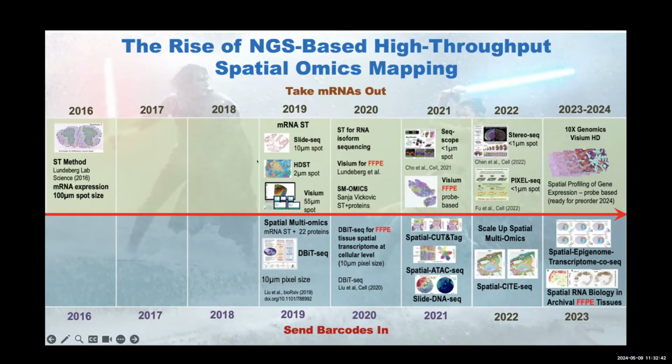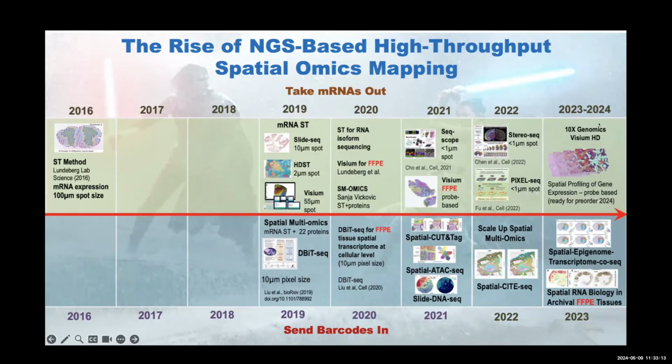The same fundamental concept has been utilized by many different technologies, and they continue to push the boundary of the whole field by reducing the spot size, such that back in 2019 you could get down to about 10 microns each. But over the past 2 years, you see technologies that can get down to 1 micron, even sub-micron.